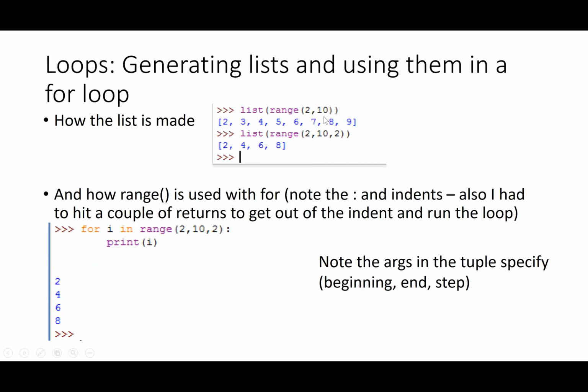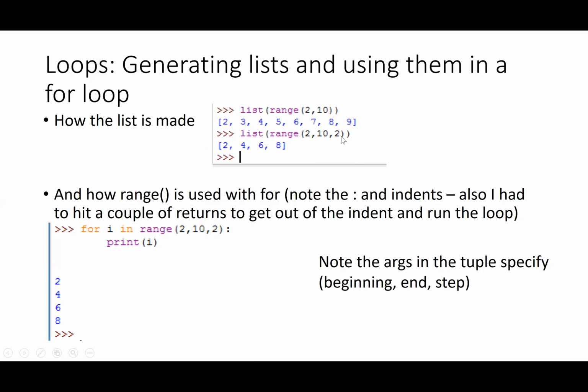Range tests to see that a number generated is always less than the top number, and so when you get to 10, it quits. So it doesn't generate 10. It generates the numbers 2 through 9. Range always does this, and then because I had a list here, it will print out on my screen.